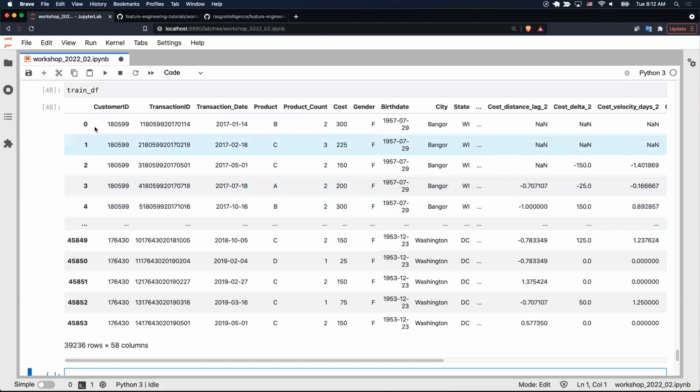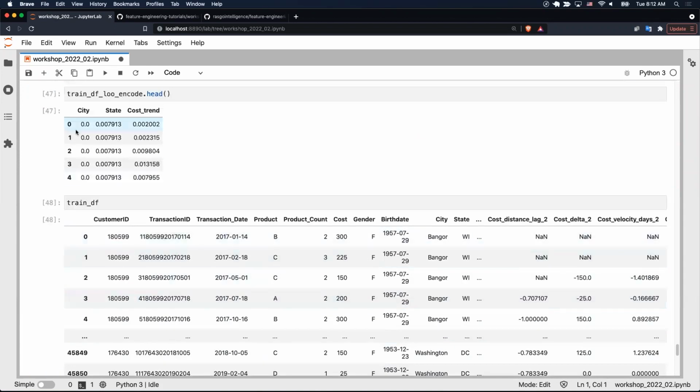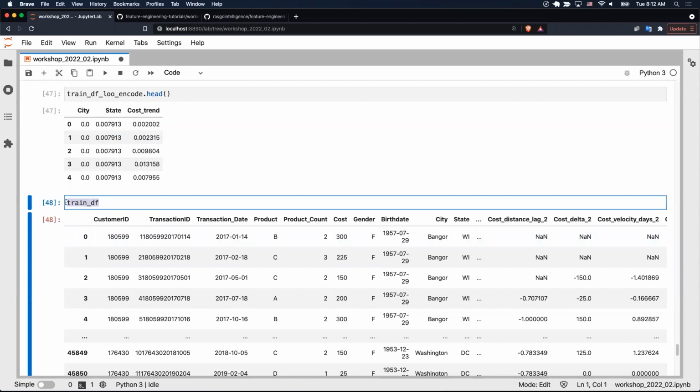So I have this. You notice the index, I haven't done anything to the index. So I could merge this in with this to replace city, state, and that cost trend. And then I would have that modeling ready data set. So I would need to pull this information into all of the other features I created. And then I just have a flat file ready for scikit-learn, XGBoost, whatever your favorite modeling tool is.